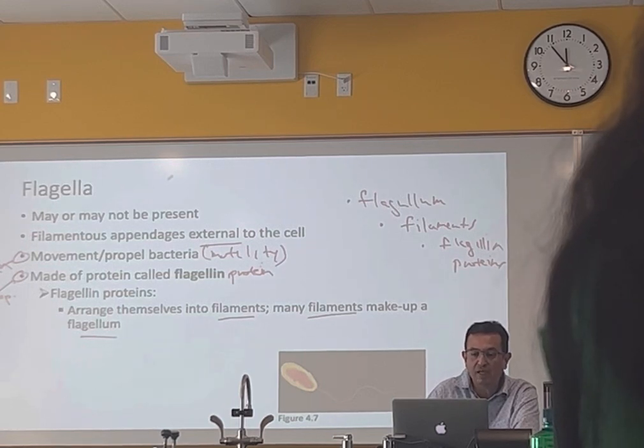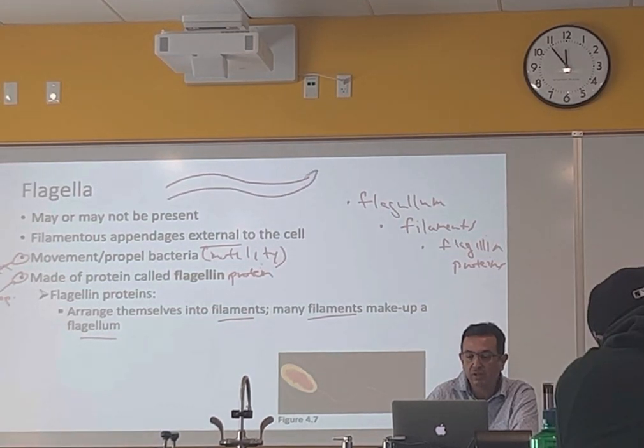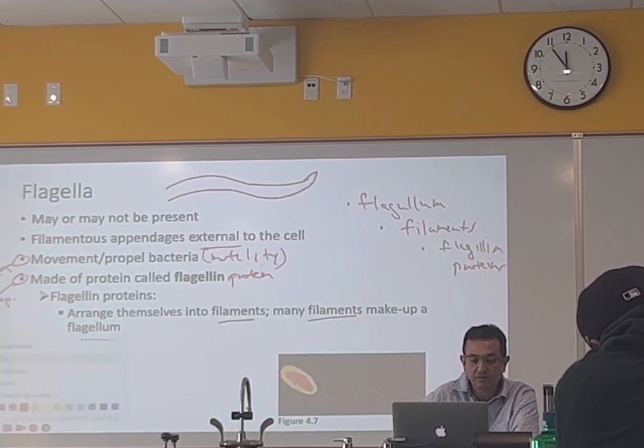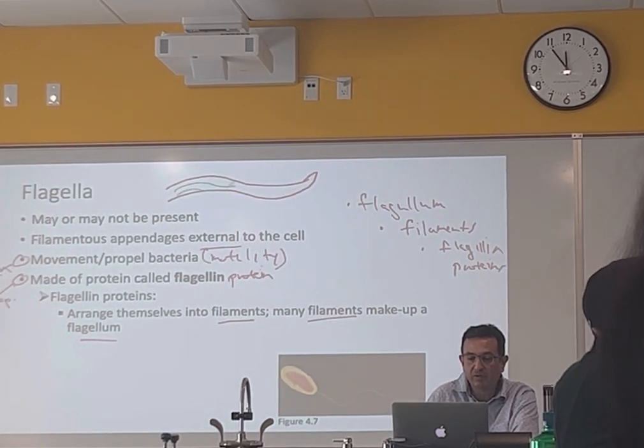So again, if I drew my entire flagellum, I'll just make it 3D thick for you. This is my flagellum, but the actual filaments, I have several filaments in here that make it up. I'll just draw a couple of them.